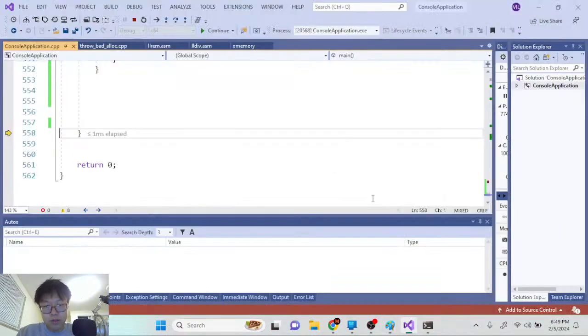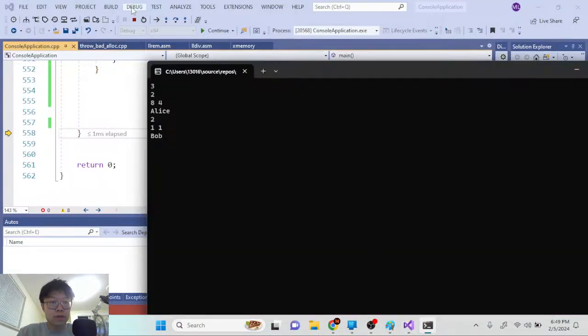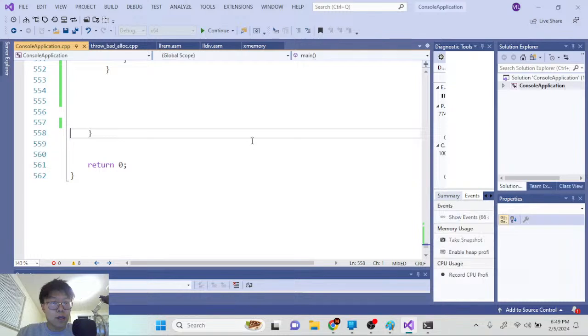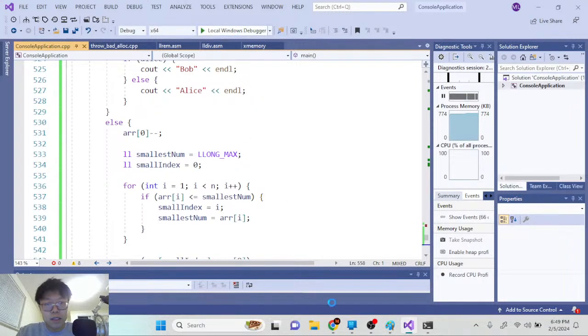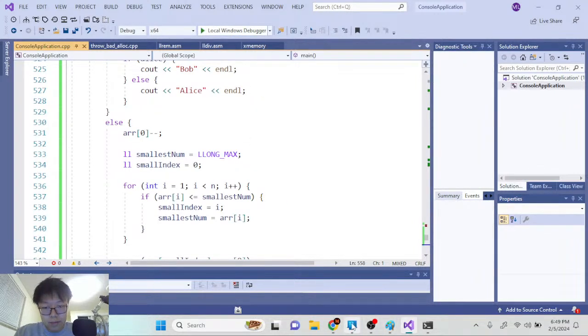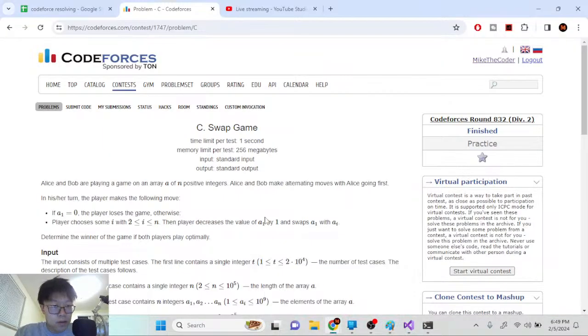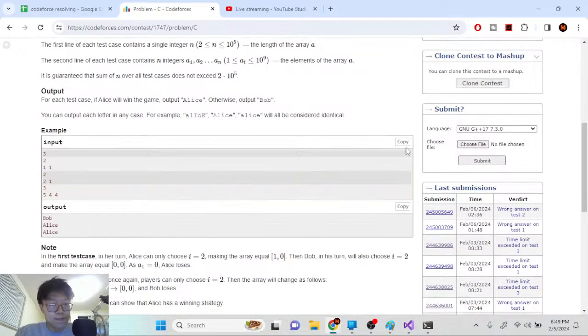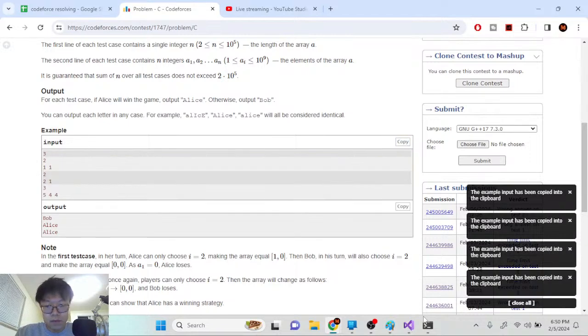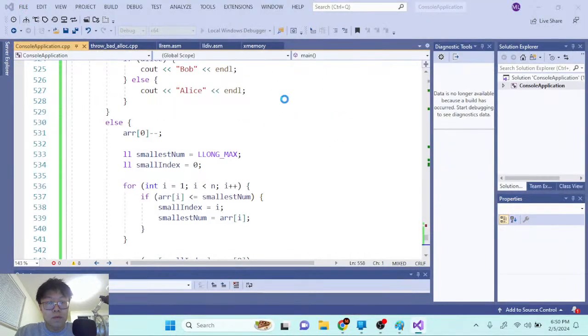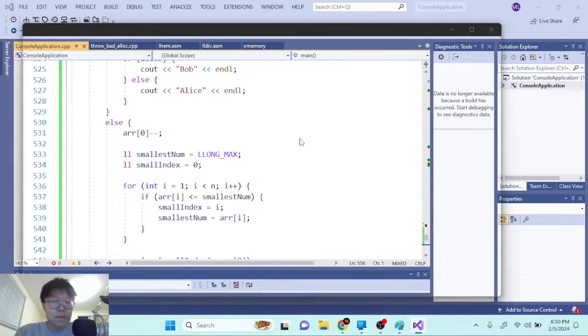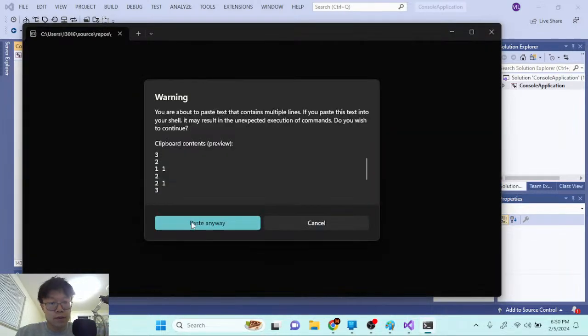Okay. So now, let's try the test cases, and then, if it's still working, we just submit it, and we'll be on our way. My laptop is really slow.